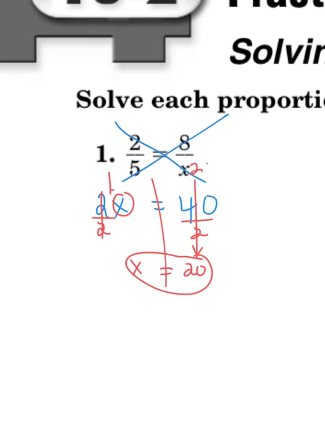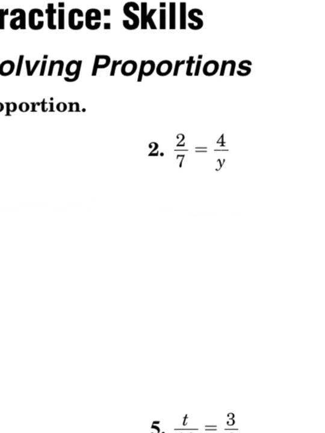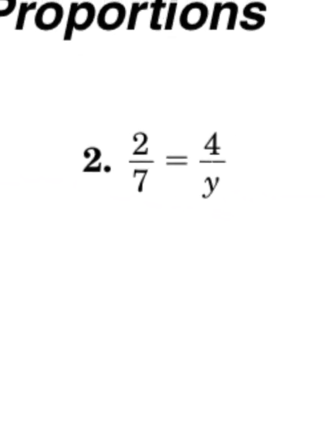So if I put a 20 here, that would work, because 2 times 4 is 8, and 5 times 4 is 20. So there's more than one way to do these. This is just the quick proportion way, solving using multiplication of cross products. All right, here we go. Number 2.